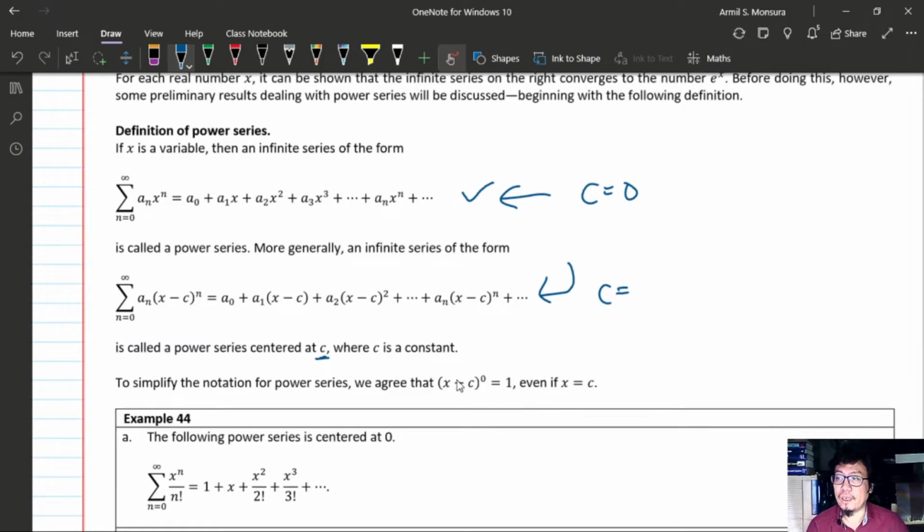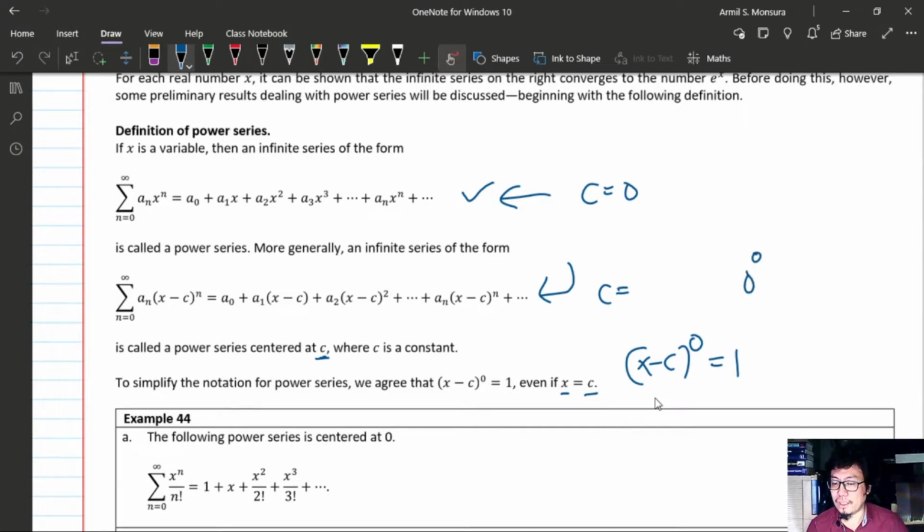We agree that the symbol x minus c raised to 0 is 1, even if x equals c. Technically that should be an indeterminate form, 0 raised to 0.